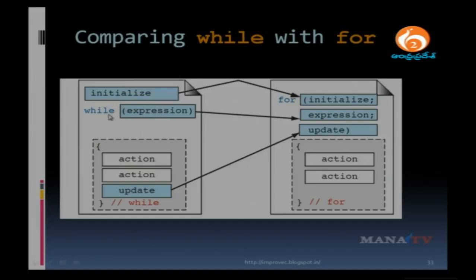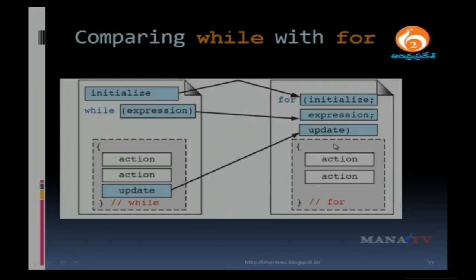Before the while loop we write the initialization, but in the for loop we write the initialization inside. Expression or condition we write in the while loop, and the expression is also written inside the for loop. Updation will also be written inside the for loop. You can see the diagrammatic representation of the difference between the while and for loop.